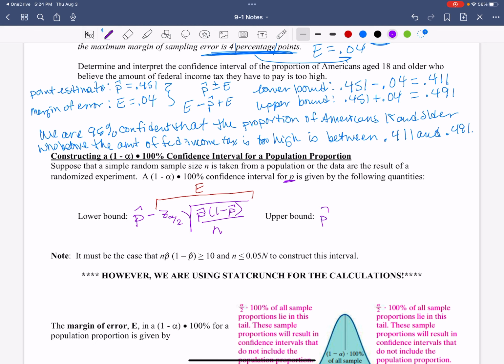So this is p hat plus this z alpha divided by 2, which is a critical value, times the square root of p hat times 1 minus p hat all over n. So again, this piece with the radical and the critical value, that is my margin of error. It's the upper bound, so I'm adding. The lower bound, I am subtracting. That's what you can see there.